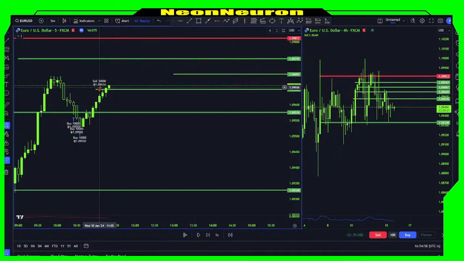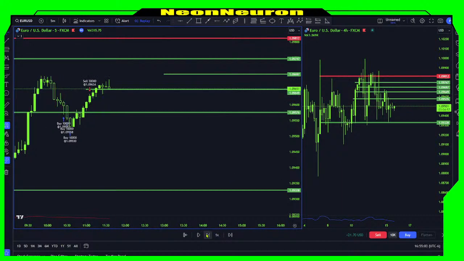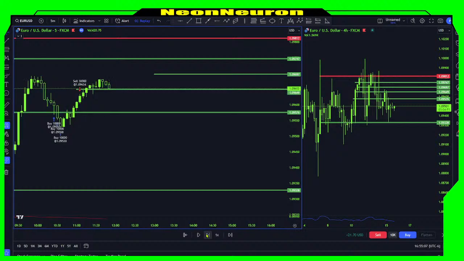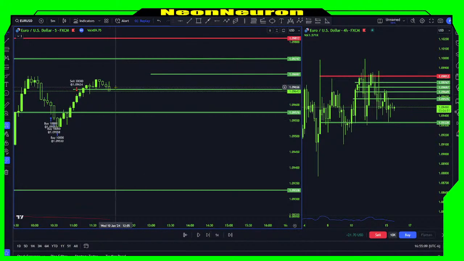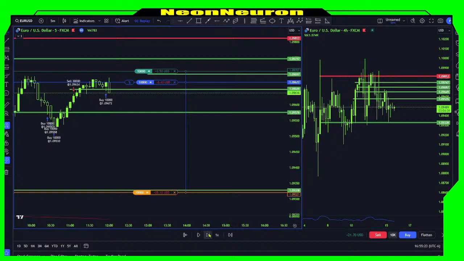Okay, so it's gone to the next point of interest. We're going to wait for it to bounce. And here is a good spot to buy. So we're going to buy right there. Take profit 350. And stop loss 35. Okay, so let's let that play out.